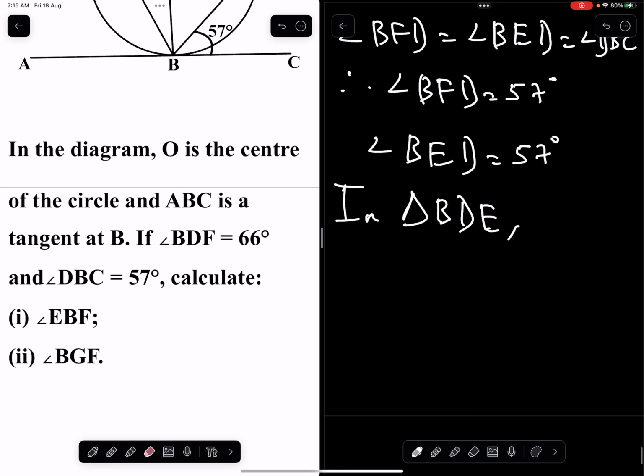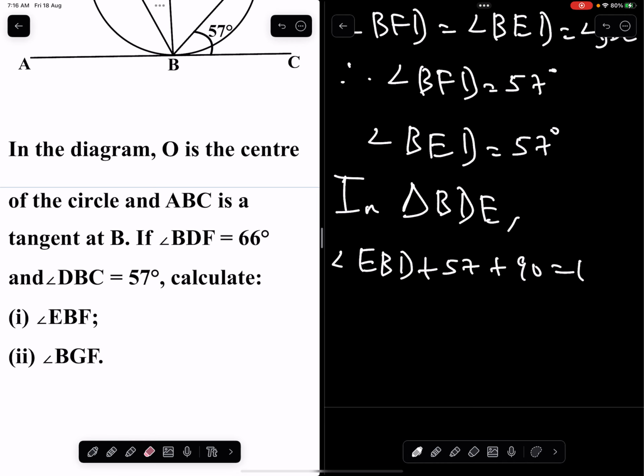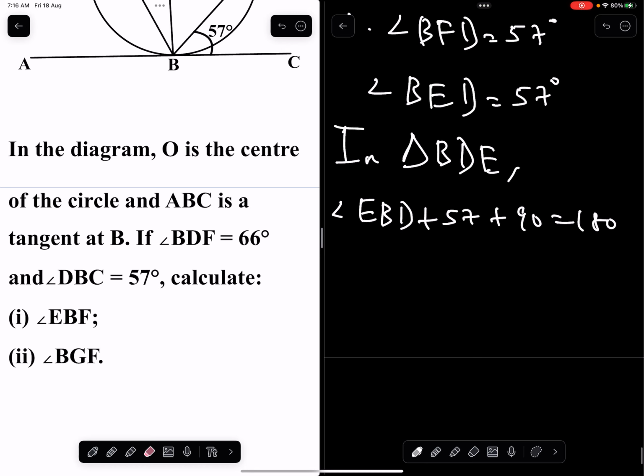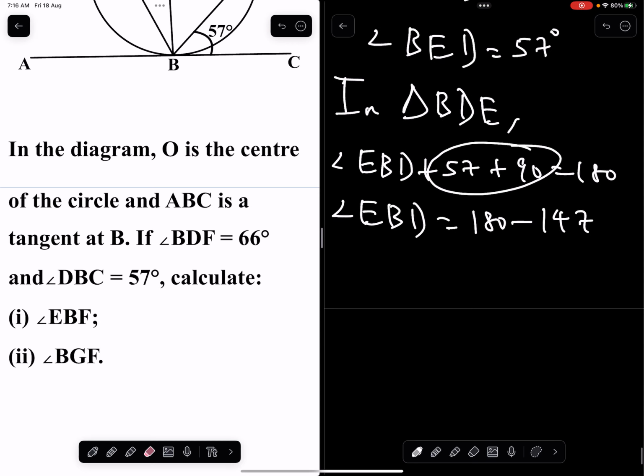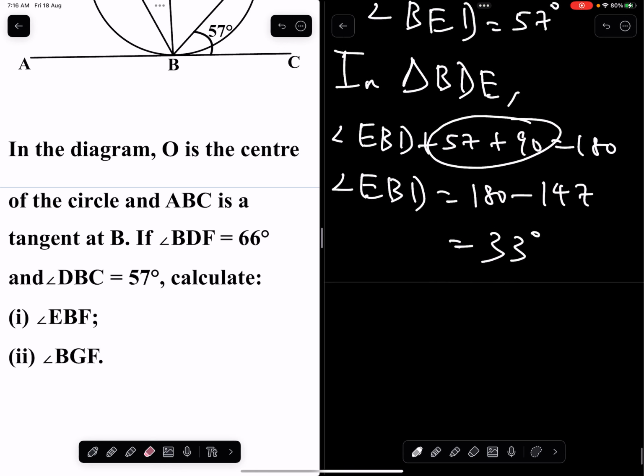So angle EBD plus 57 plus the whole of this, which is 90, equals 180 degrees. Sum of angles in a triangle, and that simply means angle EBD equals 57 plus 90 is 147. So that means angle EBD equals 180 minus 147, and that's equal to 33 degrees.